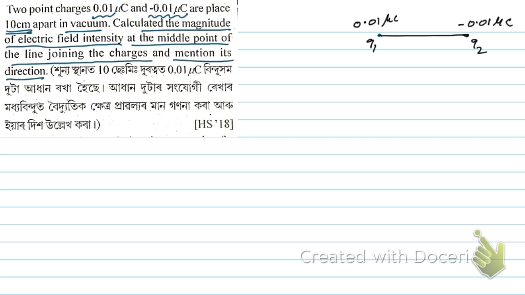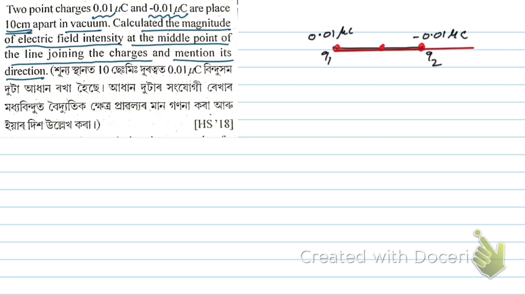So both are equal in magnitude and opposite in nature. So what do we need to find? We need to find the field intensity at the middle point of the line joining these two charges. Okay, so what is going to be the electric field here? Now you see, suppose this line is along the x-axis. Let me take this as along the x-axis.